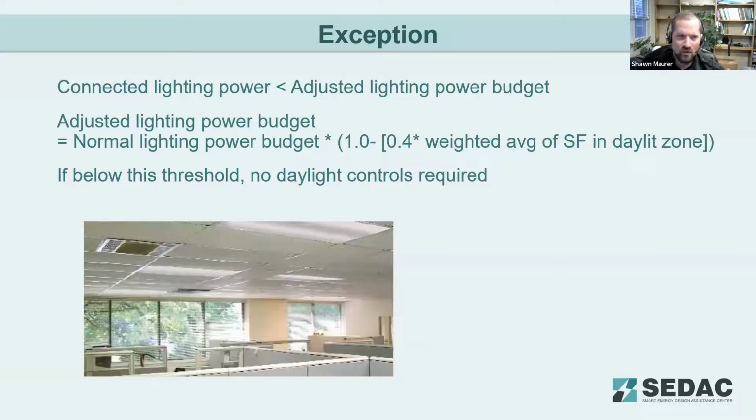The way that works is if your normal lighting power budget is less than a weighted average of the area of your daylit zones times 40%, subtracted off from your normal lighting power budget, then you're below that threshold and you don't have to install these daylight harvesting controls.